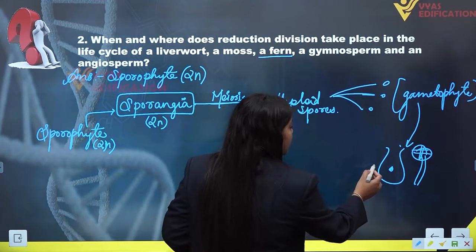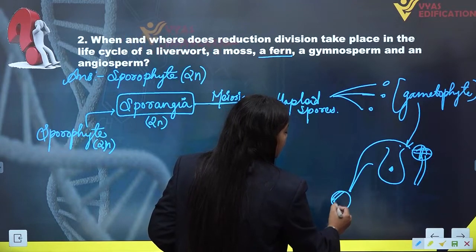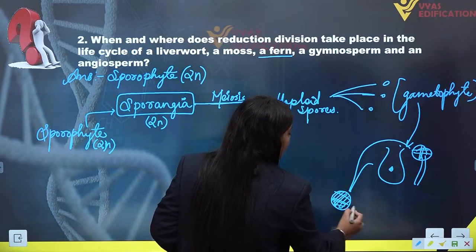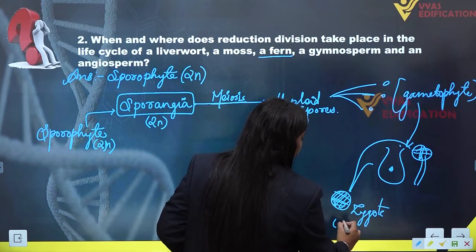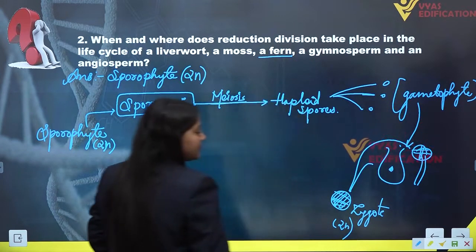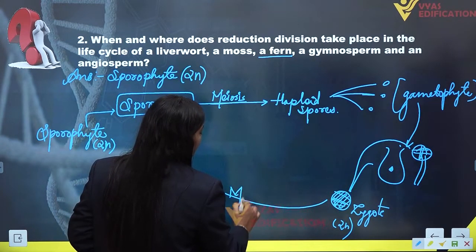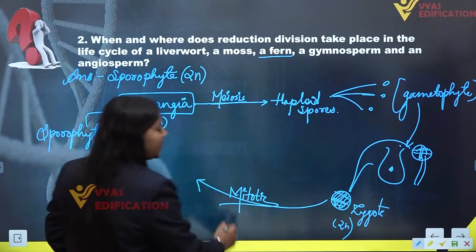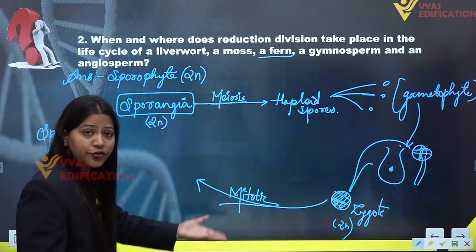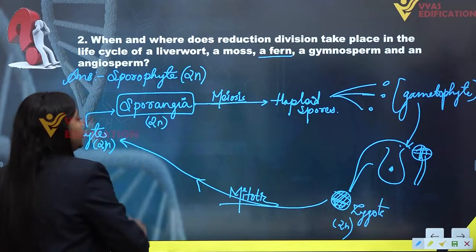Now these gametes will fertilize with each other and form a diploid structure again, that is zygote, which is 2n. This zygote will not undergo meiotic division; it will undergo mitotic division, an equational division, to form a sporophytic plant body again.